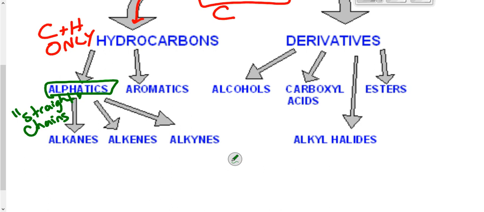The aromatics form a special kind of ring structures, which we will come back to. Now, in the aliphatics, there are 3 subgroups: alkanes, alkenes, and alkynes. These 3 subgroupings are based on the kind of bonds that they can form. Today we're going to start with the alkanes.